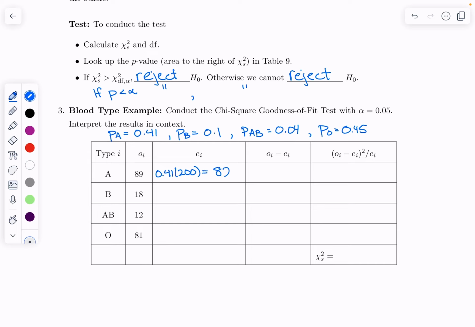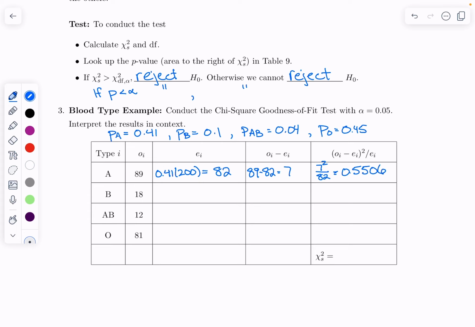That comes out to 82. What we're going to do is take 89 minus 82 and get 7. Then observed minus expected squared will be 7 squared, and we divide by expected, which is 82. That's going to come out to 0.5506.